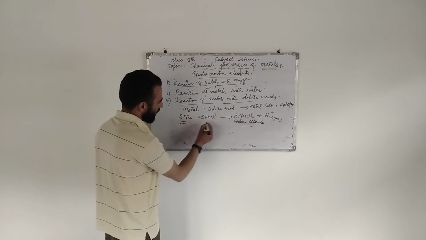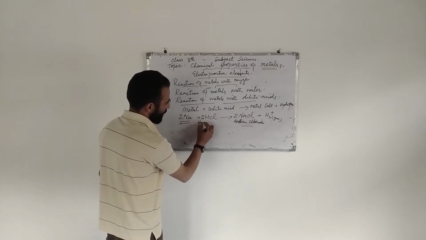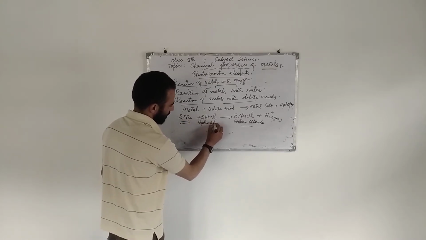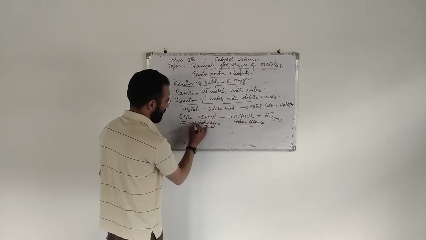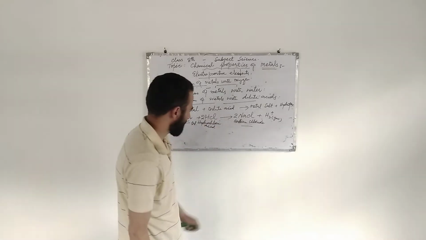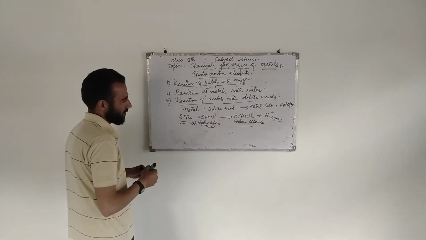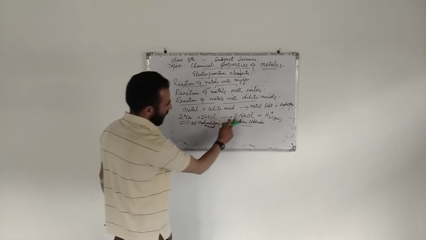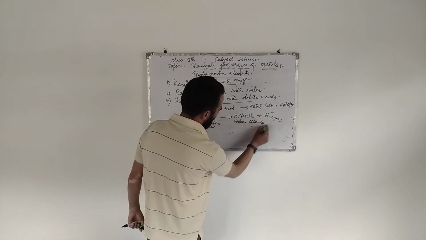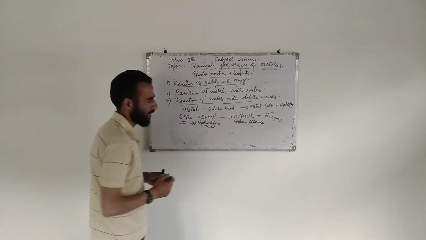Here sodium combines with hydrochloric acid. Dilute hydrochloric acid when combined with sodium forms sodium chloride and hydrogen gas.